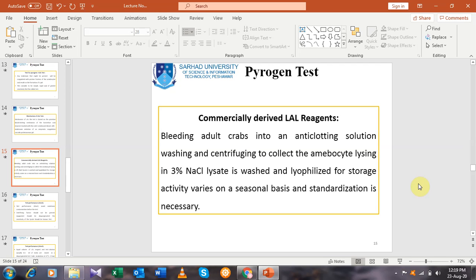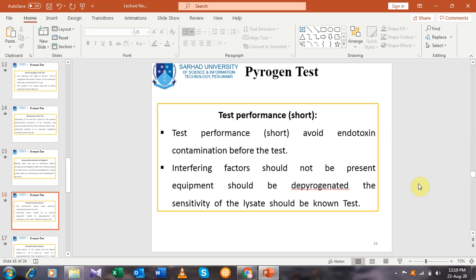Then it is washed and lyophilized, or freeze dried, for storage. Activity varies on a seasonal basis, and standardization is necessary. By using a special protocol we can also prepare the LAL reagent, but it is also available in the market.